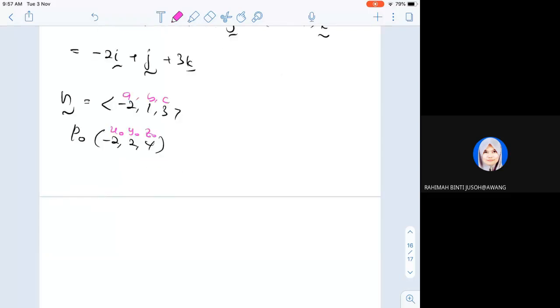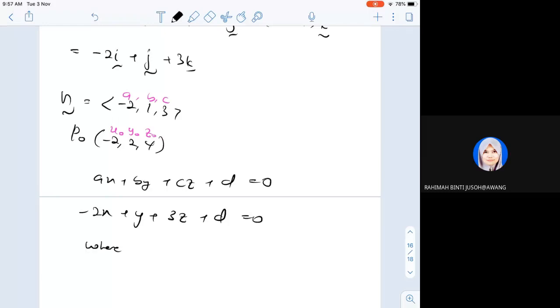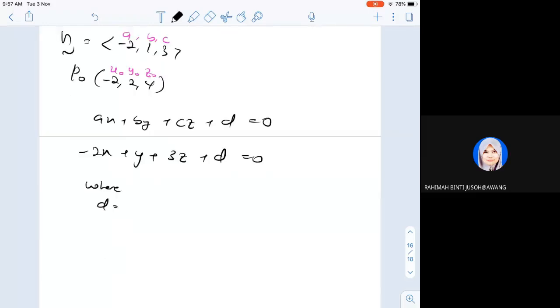Okay, let's make the equation. So Ax plus By plus Cz plus D equals to 0. Therefore, we have negative 2x plus y plus 3z plus D equals to 0, where D is equivalent to negative Ax naught, so negative of negative 2 times negative 2 plus 1 times 2 plus 3 times 4.